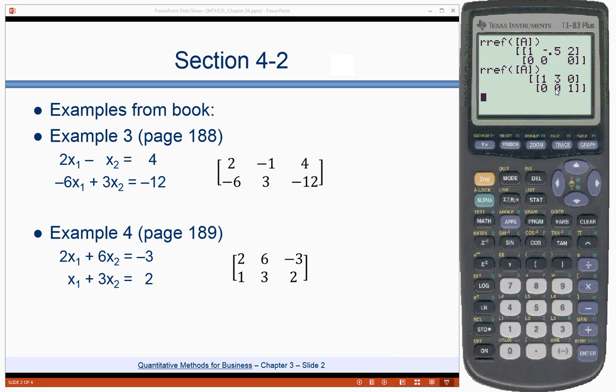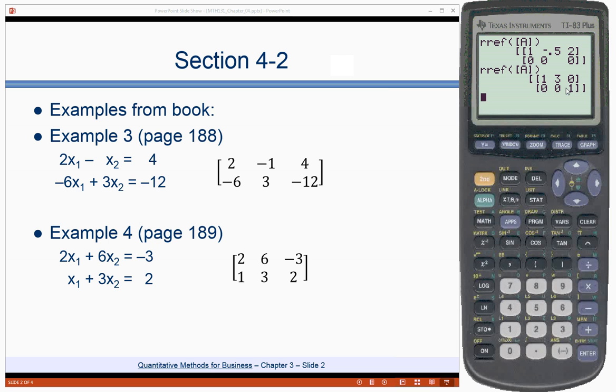So notice that we've got a different A here since we edited it, and this matrix is telling us that the system of equations is inconsistent because the bottom row has 0, 0, 1, and the meaning of this bottom row mathematically would be that 0 equals 1, which is invalid. So this matrix, example 4, is inconsistent. Now if you did this by hand, you might end up with a different value than 1 in the lower right hand corner, but that doesn't matter.